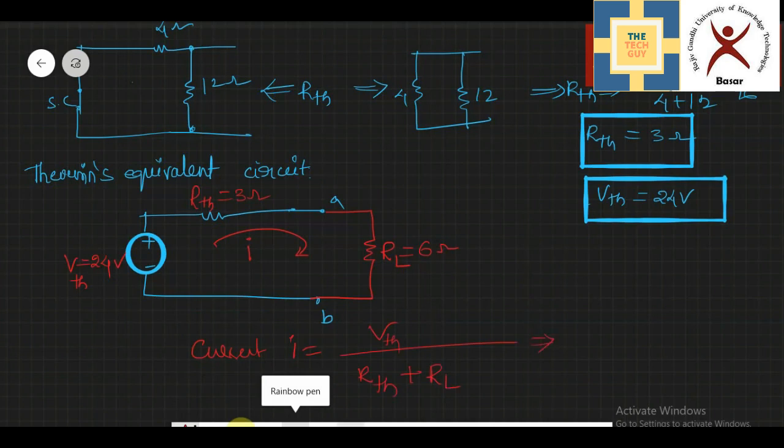VTH is 24, RTH is 3 ohms, plus load resistance is 6 ohms. That is 24 by 9. This is the current flowing through the network. This is how you find the value of current or voltage using a Thevenin's circuit.